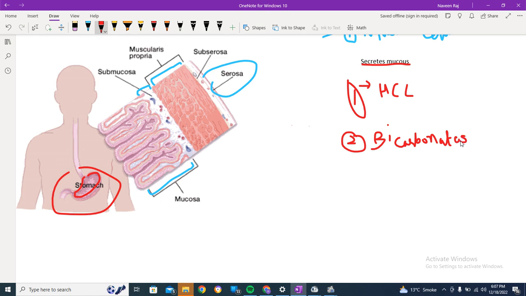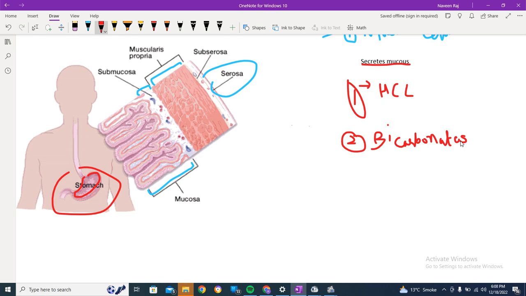They do a neutralization reaction: when bicarbonate ions act upon the acids, the condition turns neutral or basic. If you have a pH of 2, then when you add bicarbonate ions, it would turn to 6. It depends on the quantity of bicarbonate ions. I just want to give you the concept: bicarbonate ions act opposite to the acids. So these are also being secreted.